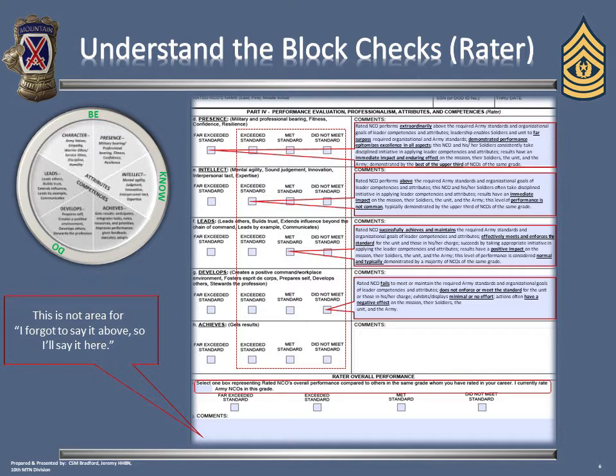To paint that picture for you, if I'm the underwater basket weaving OIC for a section, and I currently have 5 staff sergeants that work underneath me, obviously in that block I'm going to put that I currently rate 5 staff sergeants. But that doesn't mean I'm limited as I stratify this particular soldier.